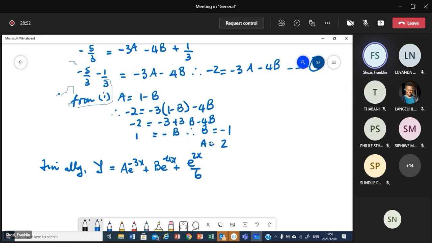But my a and b are known, so that becomes 2e to the power minus 3x, and b is minus 1, minus e to the power minus 4x plus e to the power 2x over 6. And this is your final answer.